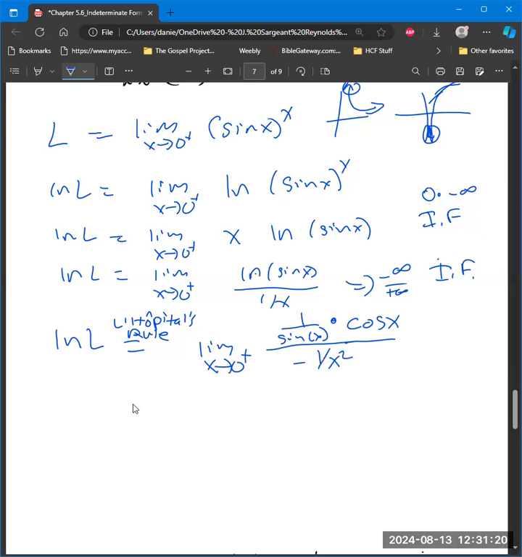So this is equal to the limit as x approaches 0 from the right of x squared cosine x over a negative sine x. And that's still going to 0 over 0.